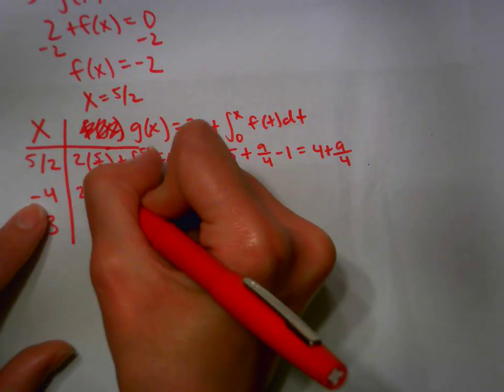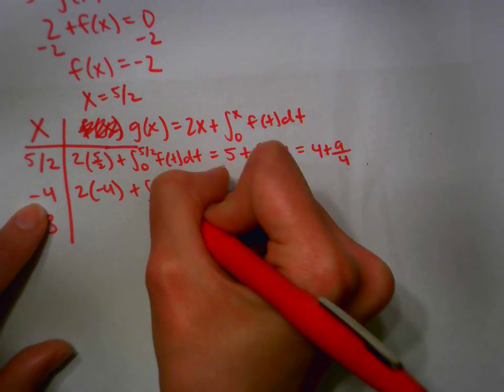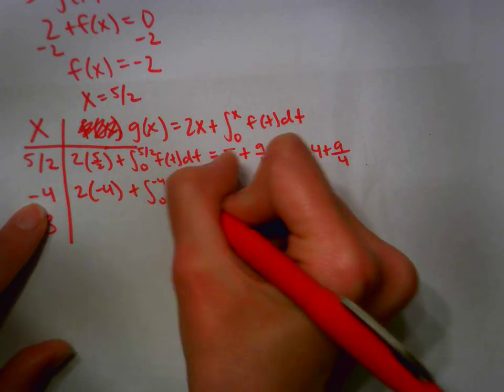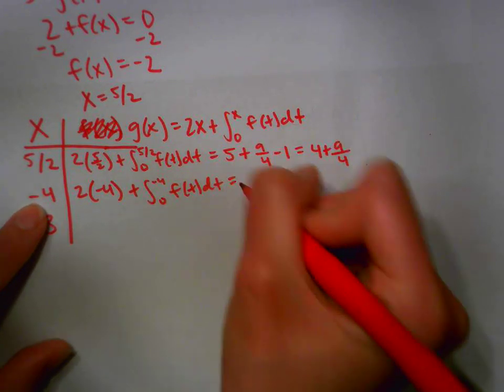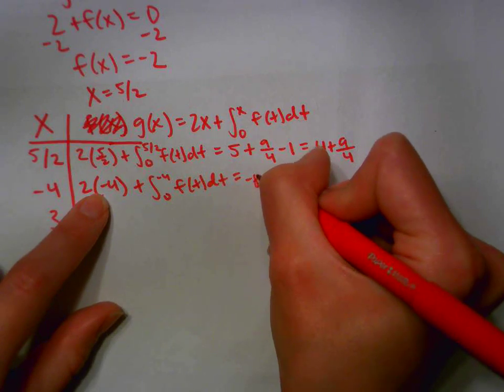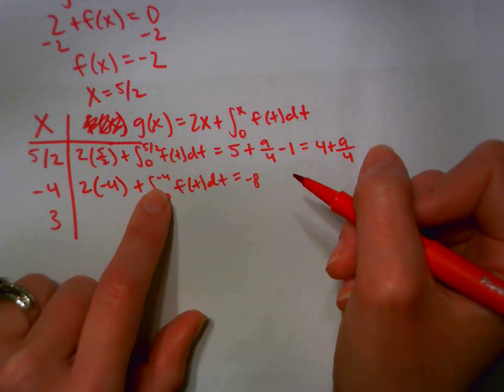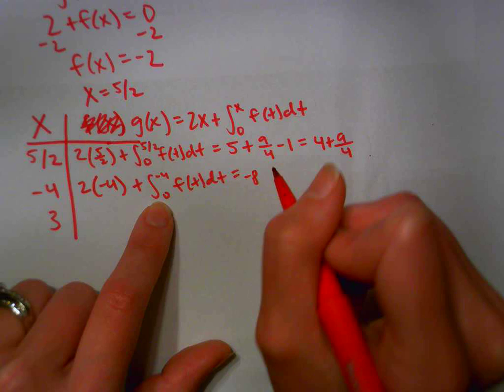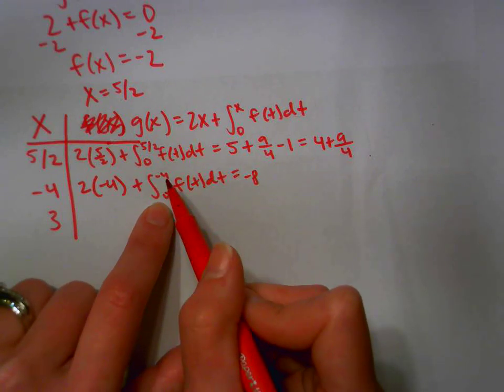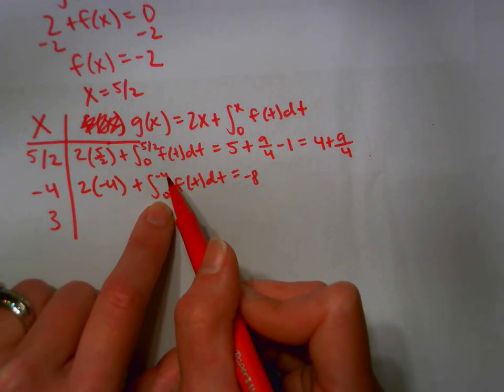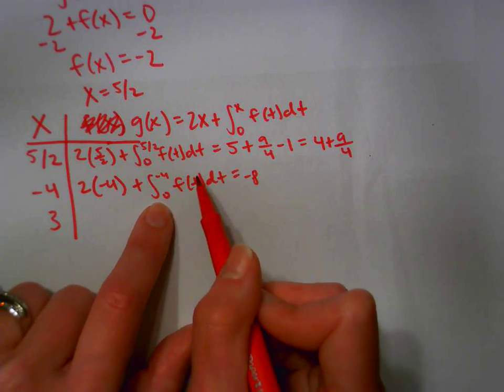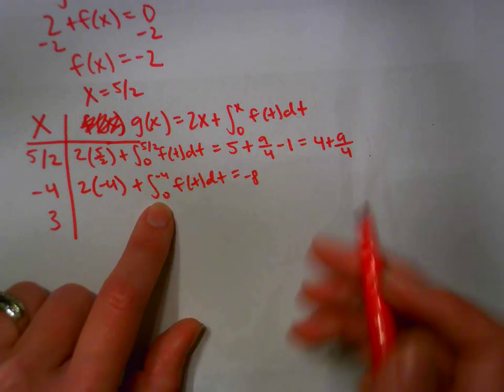So 2 times -4 plus the integral from 0 to -4 of f of t dt equals, so that would be -8. Now the integral from 0 to -4, you notice your boundaries again are switched. The smaller one is b. So if you're doing area from a graph to evaluate your integral, you need to negate it and switch.